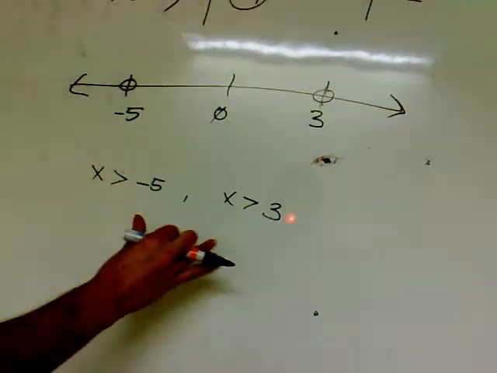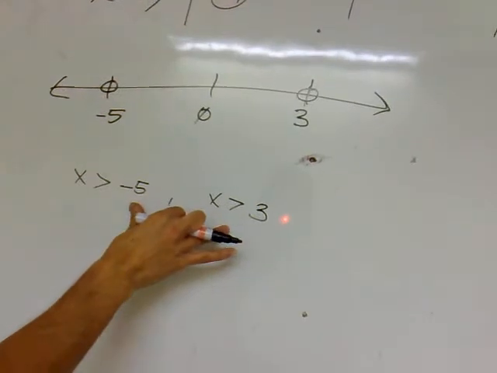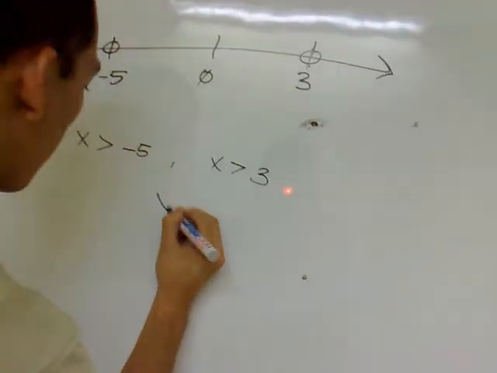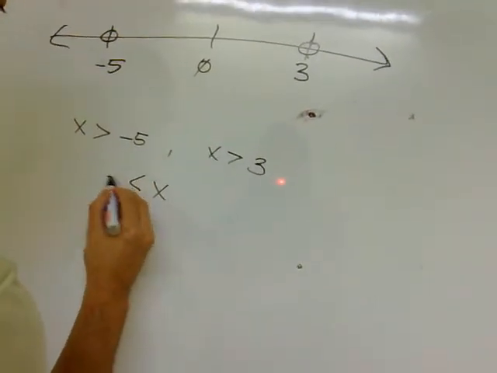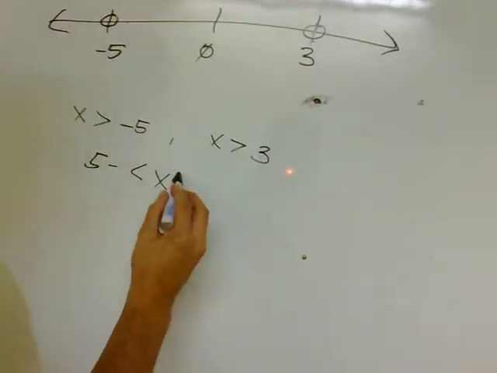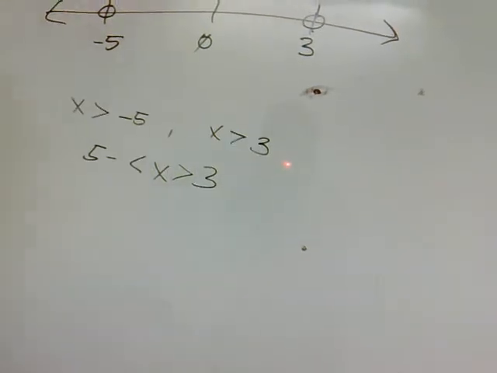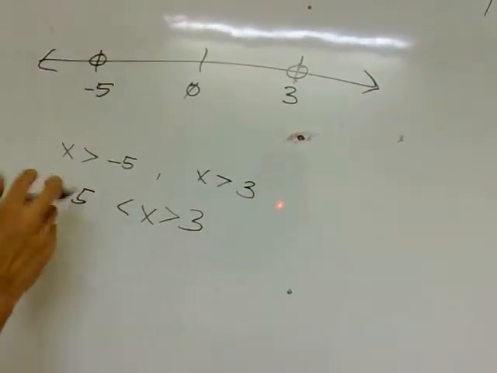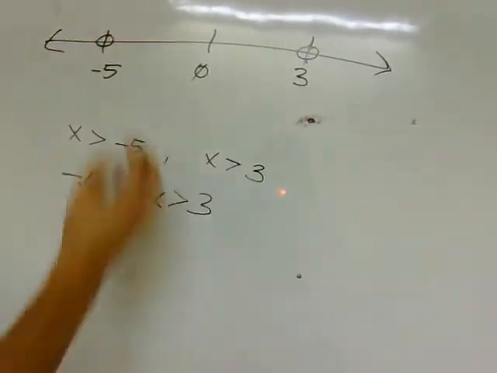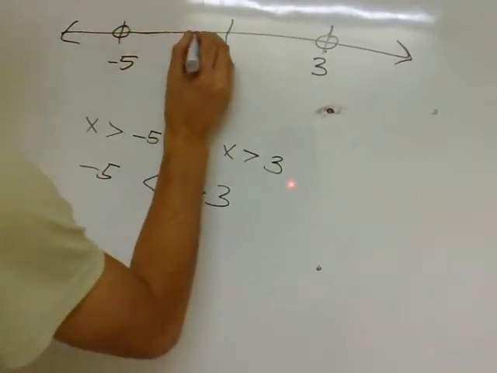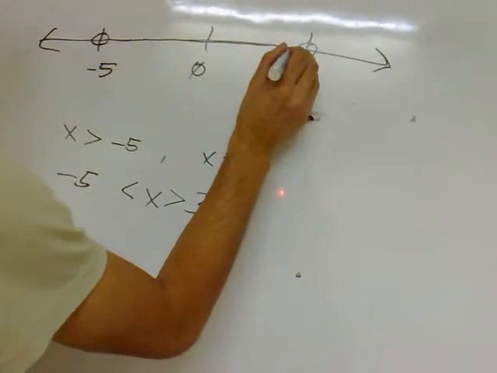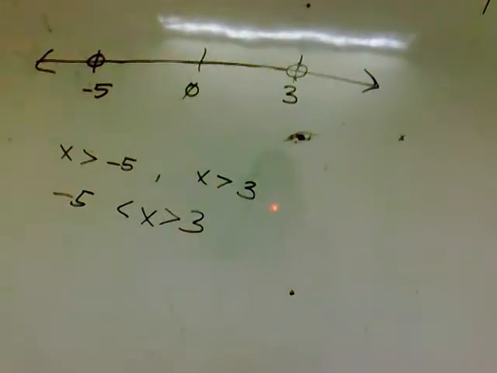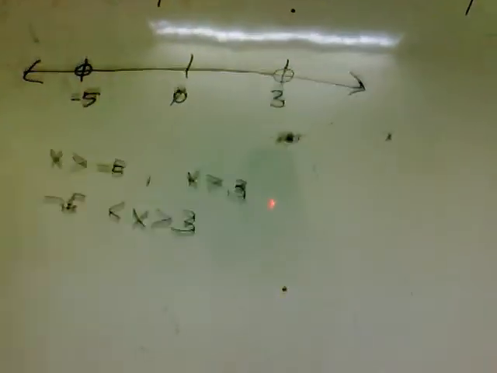Now, I want to combine this in one simple statement. Going back to my drawing here, I have negative 5 and 3. I'll just draw a line between them, stating that any number between negative 5 and 3 will satisfy this inequality.